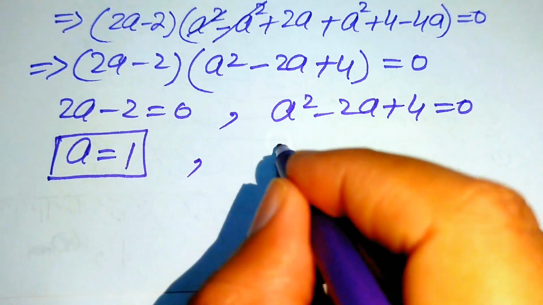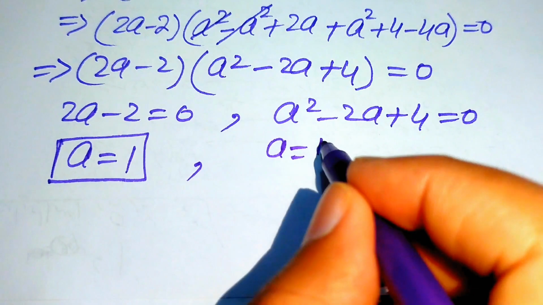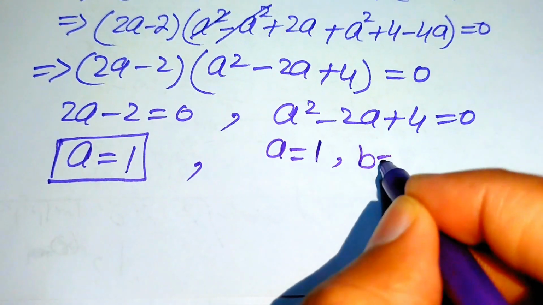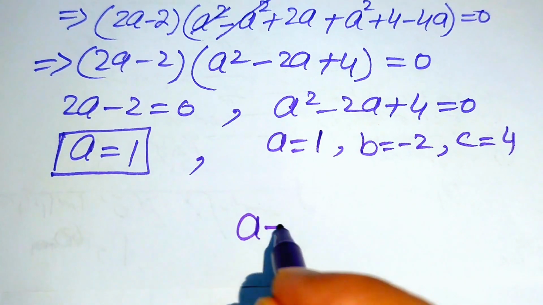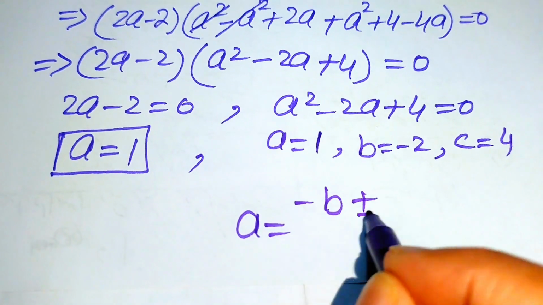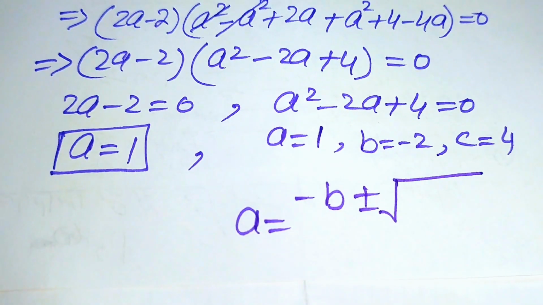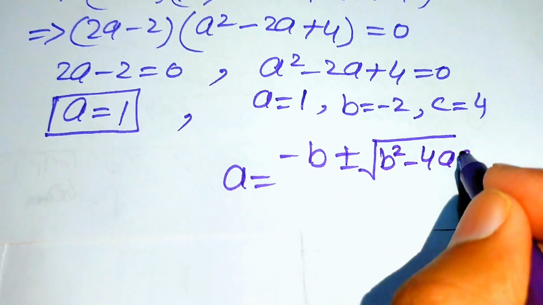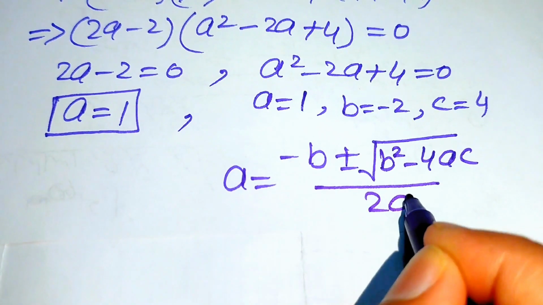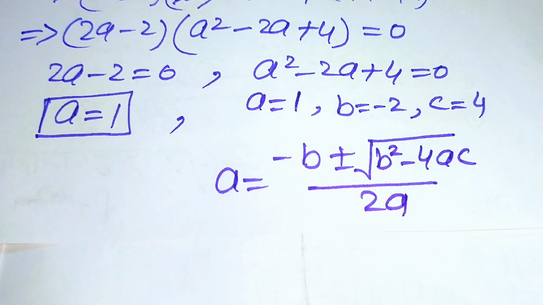So first we write the coefficients of this equation, and the coefficients are a equals to 1, b equals to minus 2, and c equals to 4. And our quadratic formula looks like minus b plus minus square root of b squared minus 4ac divided by 2a.